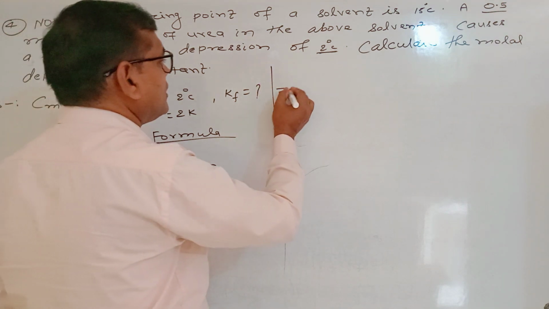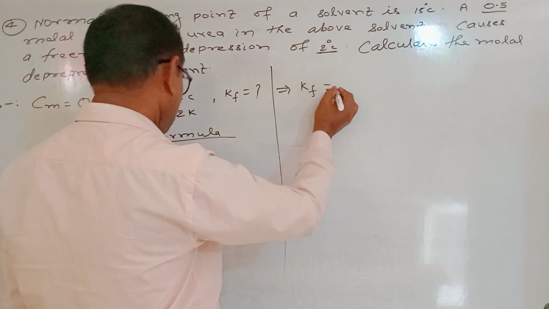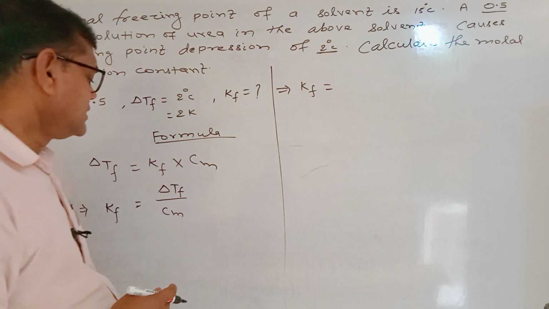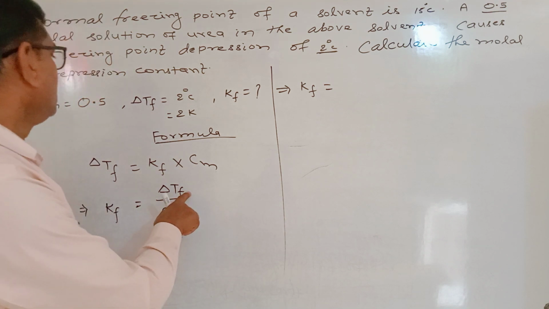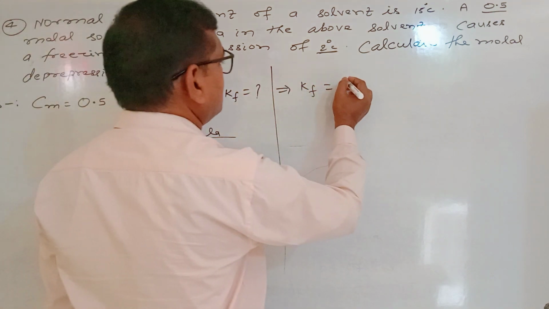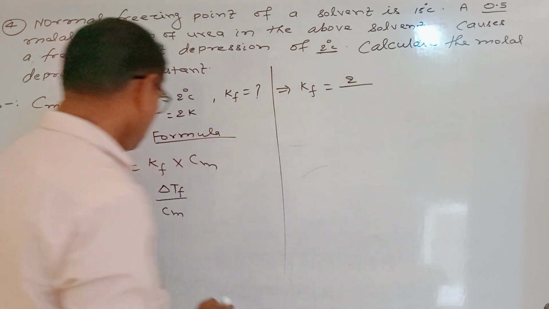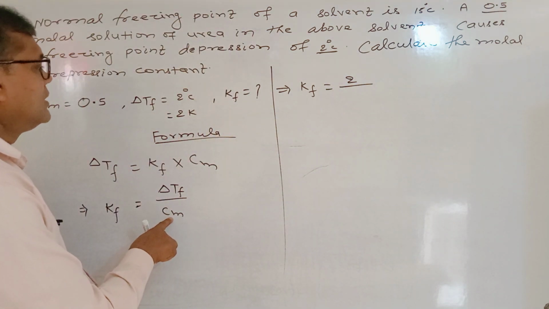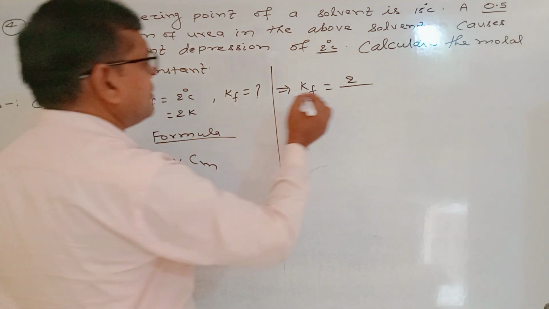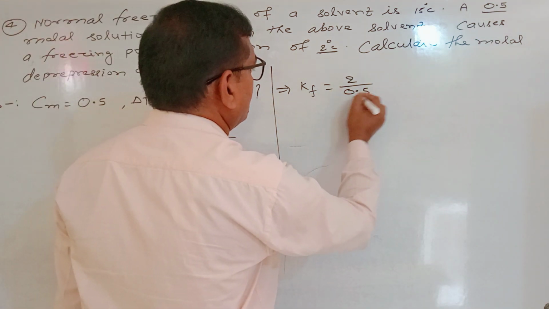We put the value of delta Tf and Cm. Here we write 2 Kelvin upon, here we write 0.5.